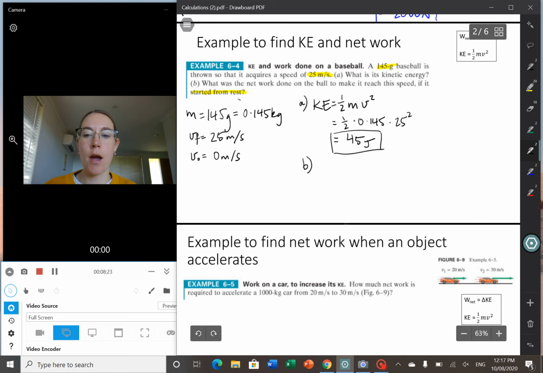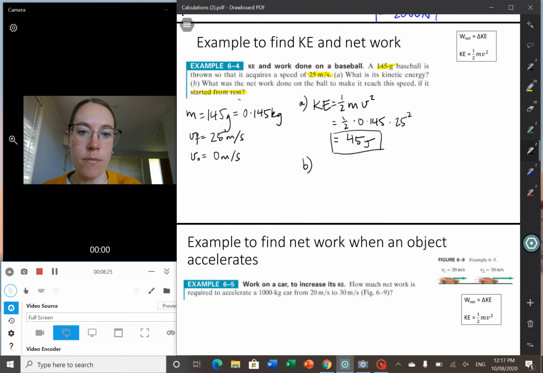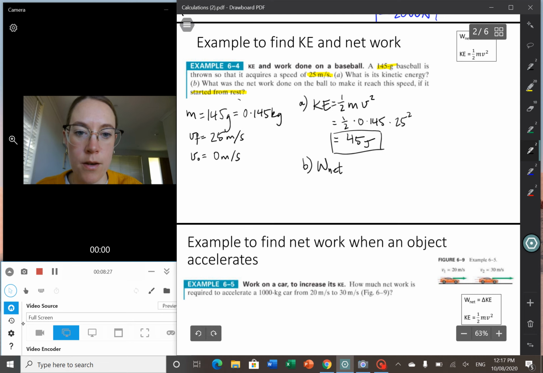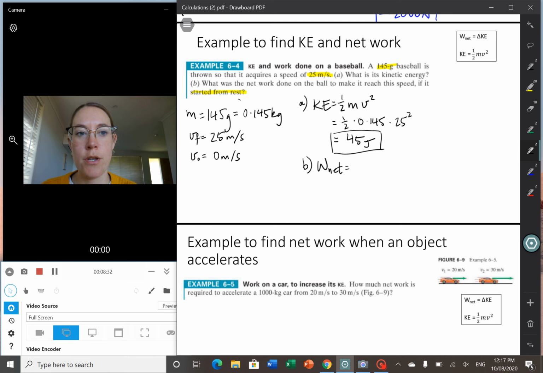And for part B, I'm just applying the work energy theorem. So the net work is equal to the final kinetic energy minus the initial kinetic energy.